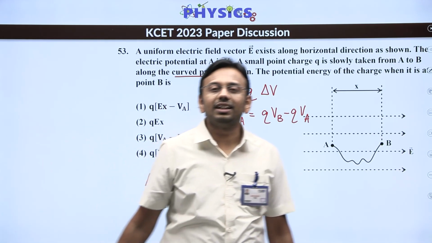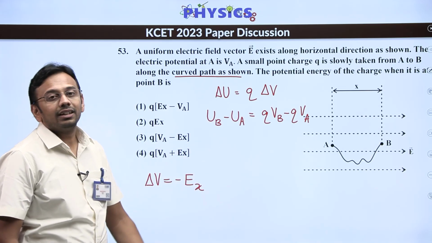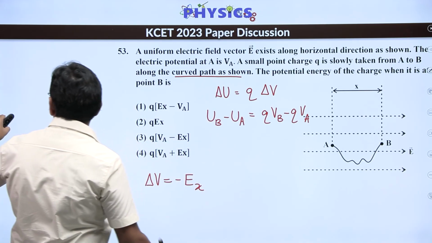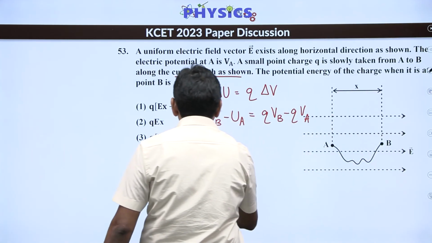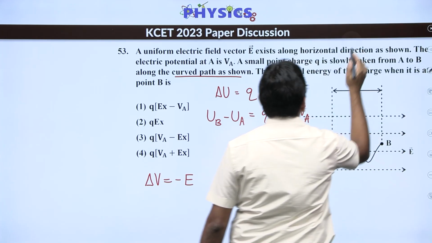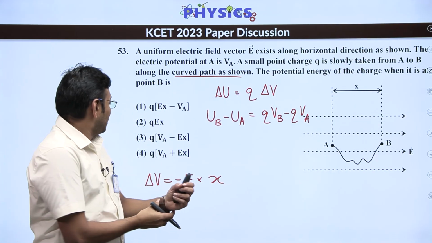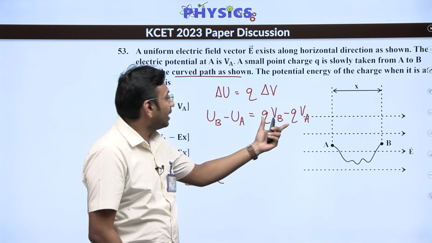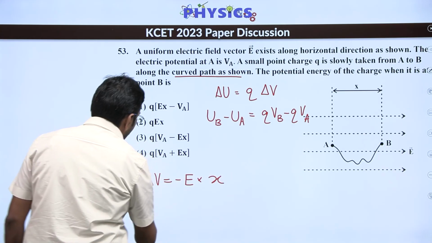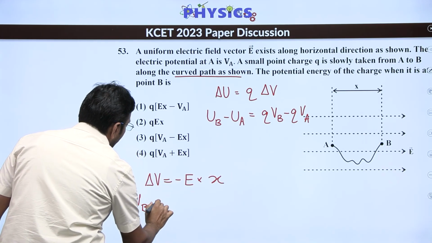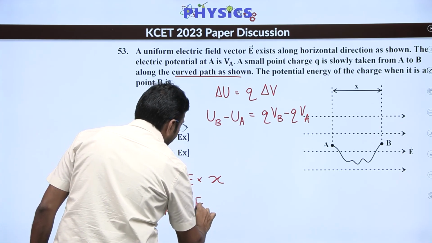The value of delta V will be equal to minus E into X. Now, this delta V, we can put here, VB minus VA is equal to minus EX.